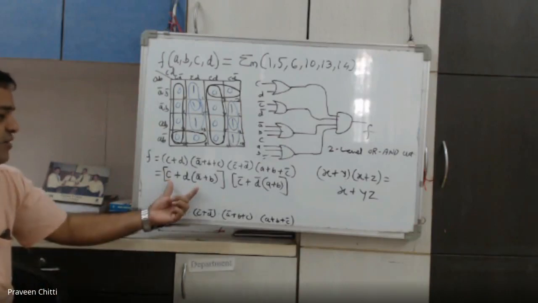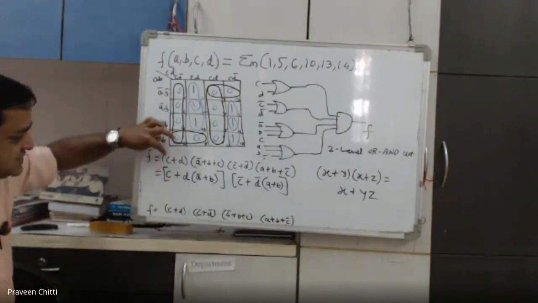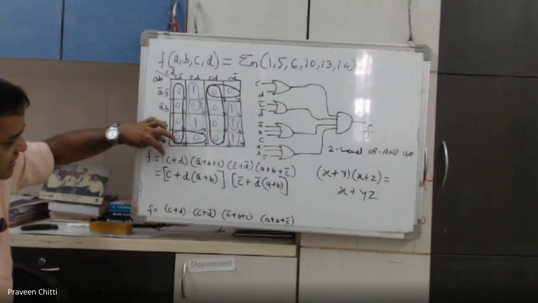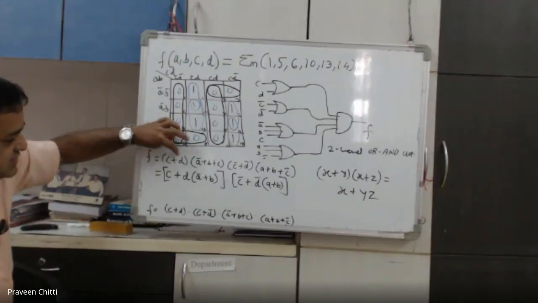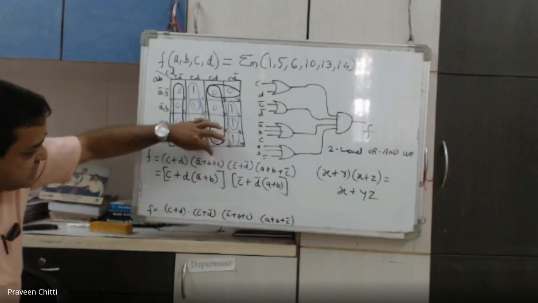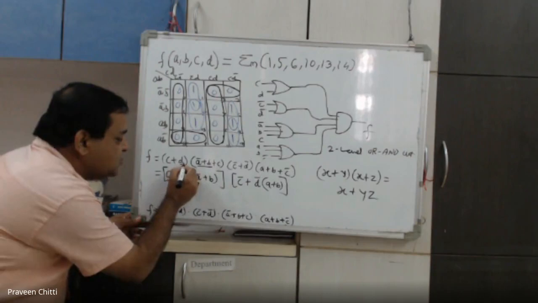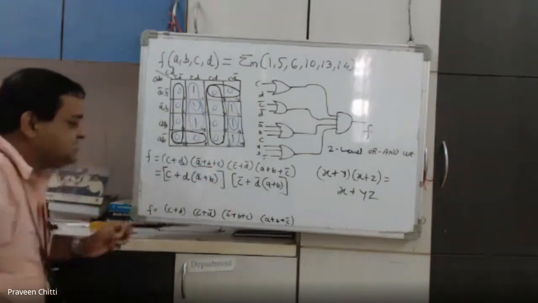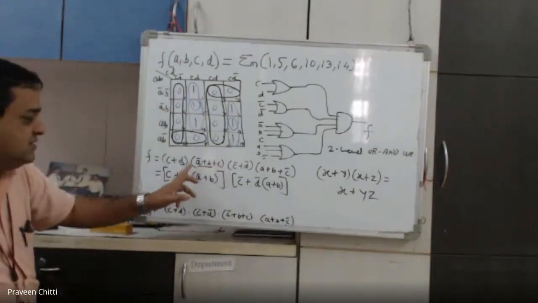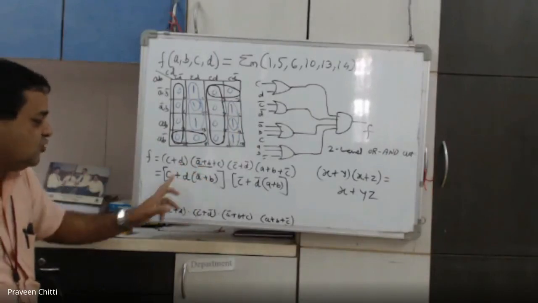The same thing I have used here. What is X here? C. So X plus Y, that is C plus D, and here it is C plus this. So this is your Z, this is Y, and C is X. So what I write?